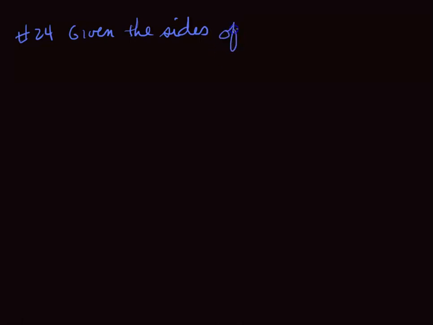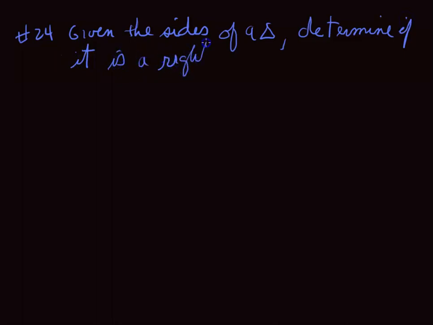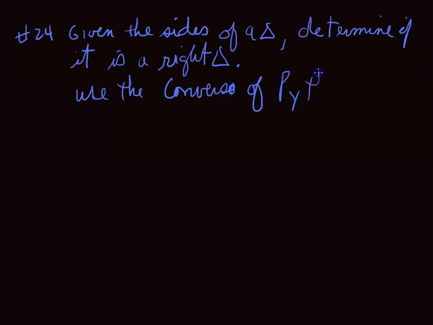Given the sides of a triangle, determine if it is a right triangle. Well, that uses the converse, and that's one of the things you can try or you can talk about. Use the converse, right? Converse, that's an E, of the Pythagorean theorem.